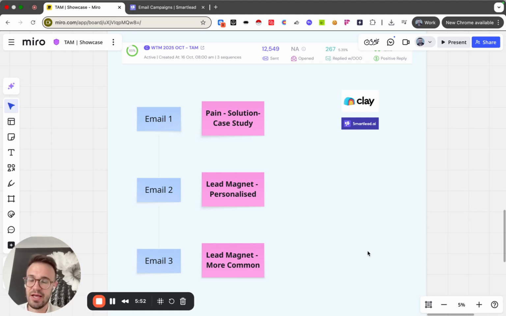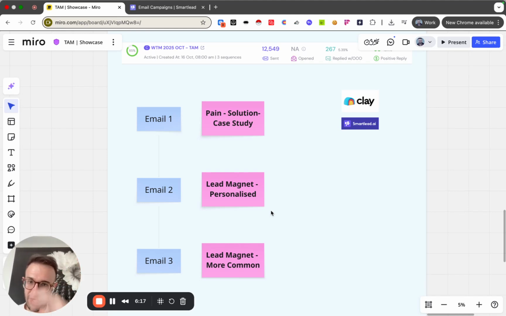And third, email 3. That is, I would say, the last chance. We give another lead magnet, but in this case it's more common and easier to understand, while the second one is a little bit more sophisticated. Again, like a strategy, the third one is a little bit more common. In our case, we provide a lead list. We know that you targeted these people, so we ask, hey, do you want us to send you a lead list?